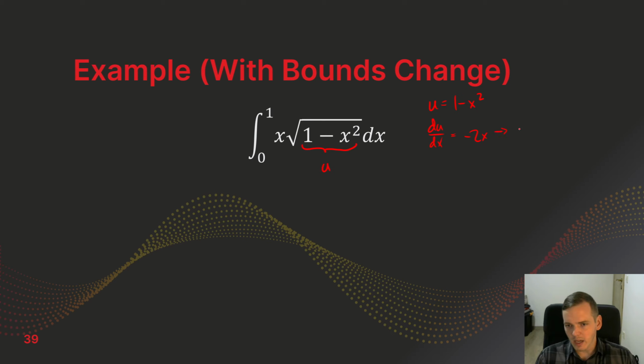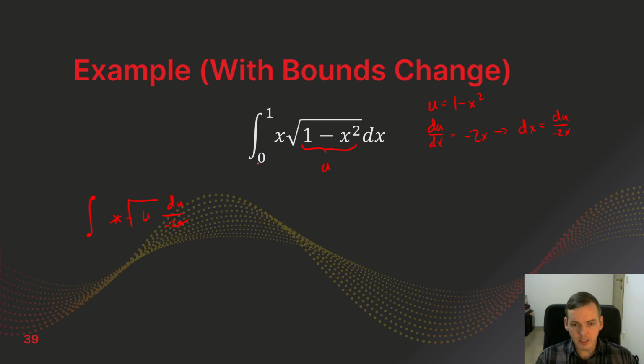And that means that our dx is going to equal du over negative 2x. So let's substitute that in, just like we were doing before. So x times the square root of u, du over negative 2x, and then our x's will cancel.